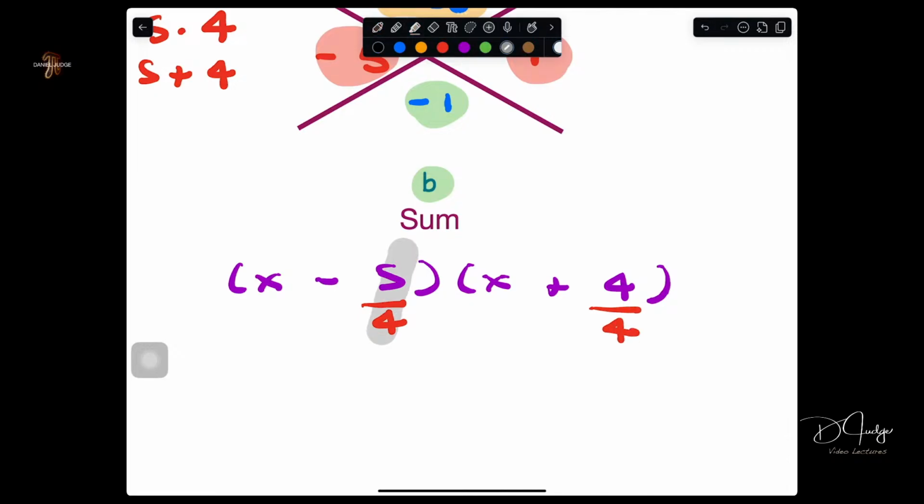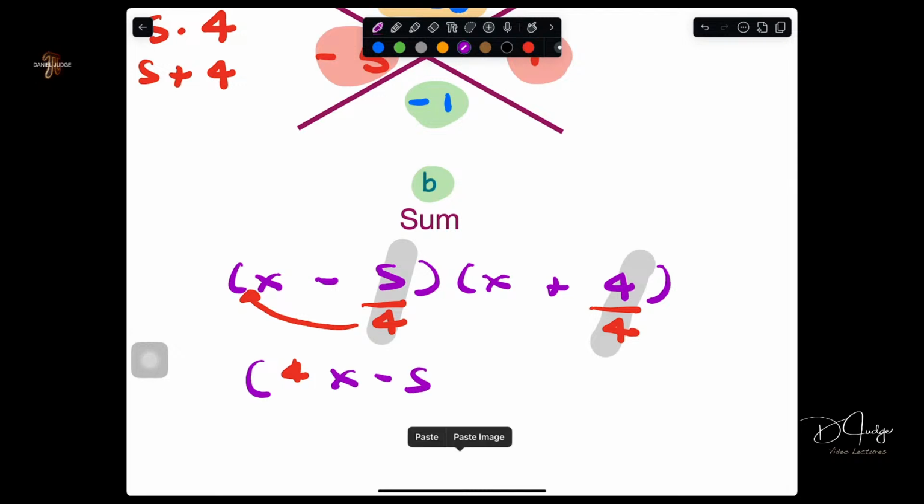We get a decimal answer. 5/4 is a decimal, but 4/4 is not. So that means we put the 4 in front of this x. There you go. And we simply write the whole number of 4 divided by 4 being 1. So there you go, ladies and gentlemen.